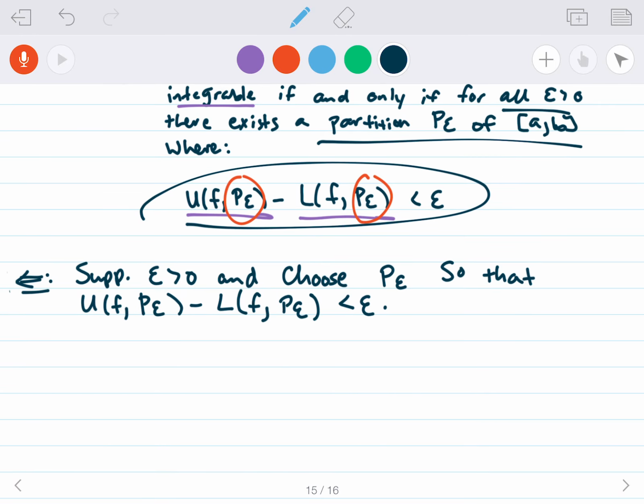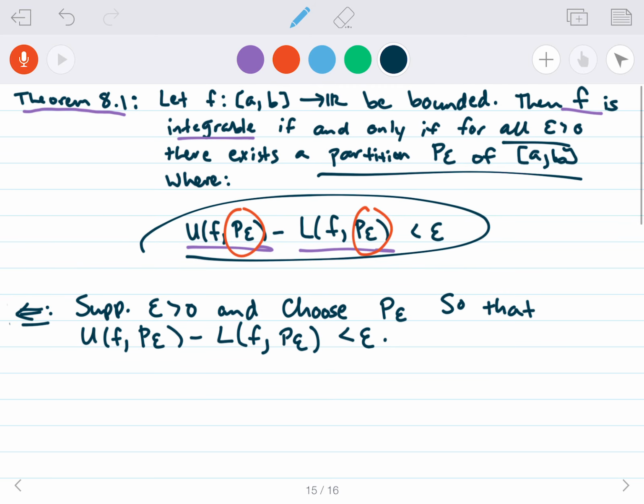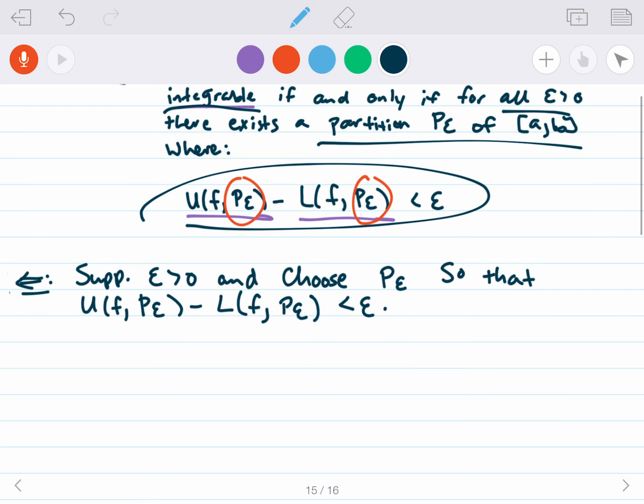And so the idea here is, we're trying to show that f is integrable. And to show that it's integrable, we need to show that Lf equals Uf, the upper integral equals the lower integral. So we have to somehow bring that into the picture here. Well, we have upper sums and lower sums given to us in our problem, and we know some things about the lower and upper integral.